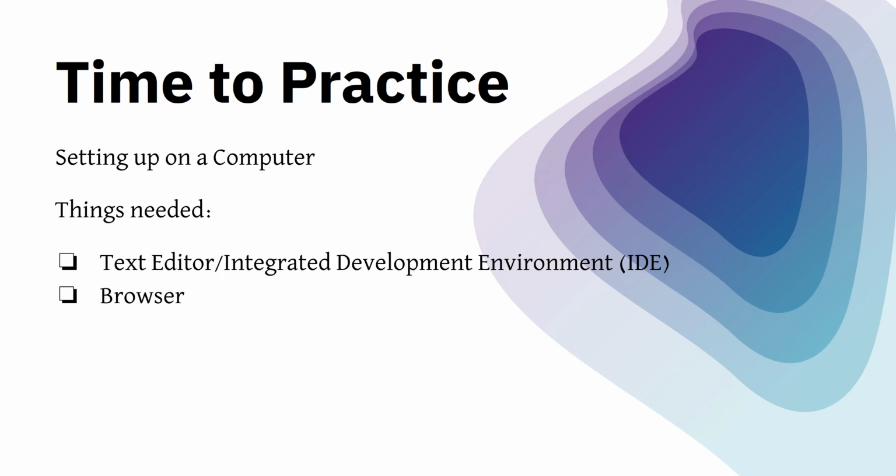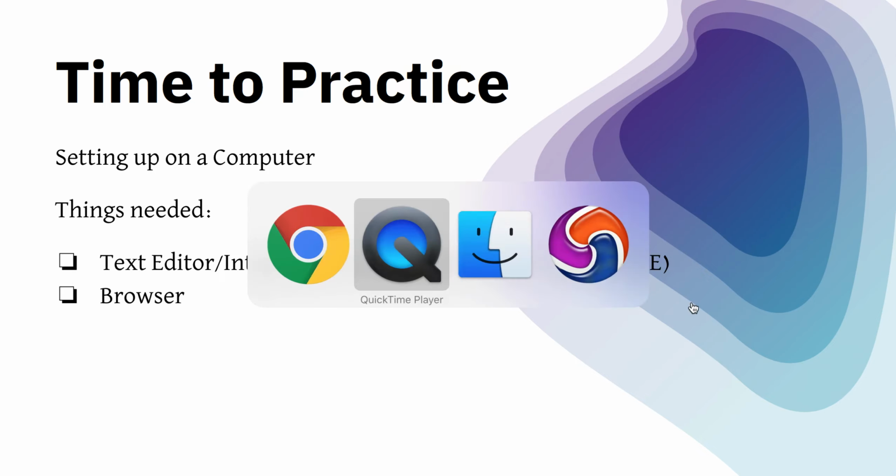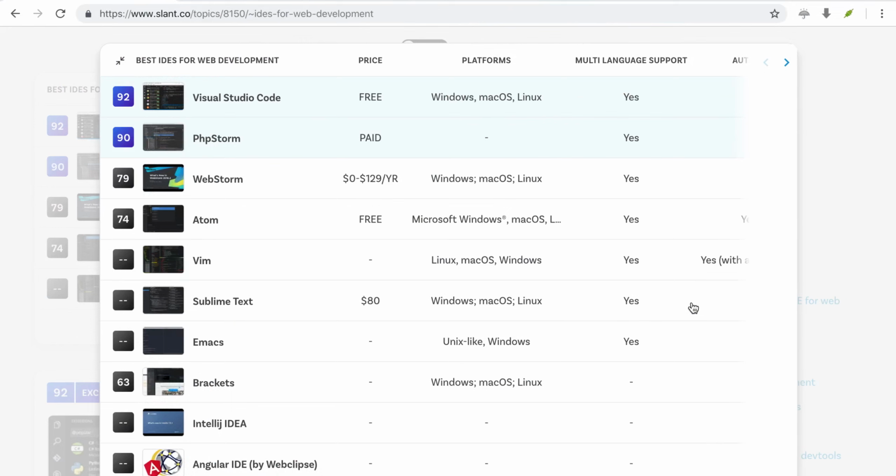So first, let's look at some text editors out there that people use. You might see your choice in it. There's a list of the best IDEs for web development. We have Visual Studio Code. It is free. You can get it for Windows, macOS like mine, and even Linux. There's PHPStorm, for sale.